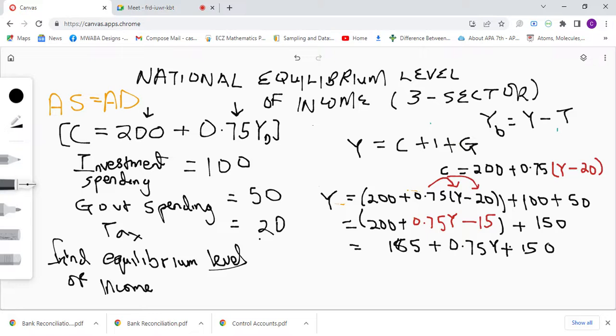Then we're going to say again 150 plus 185, we get 335. We get 335 plus 0.75y.